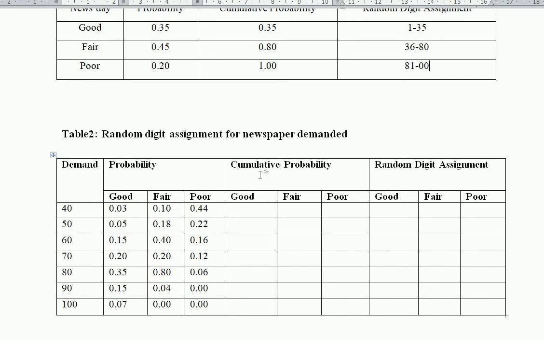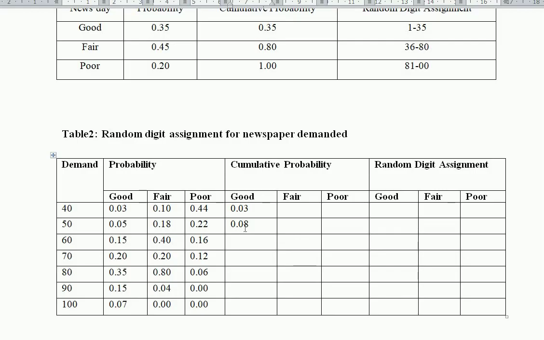So we have to find out the cumulative probability. How are we going to find the cumulative probability for the good news day? The first value is 0.03 itself. Now we add 0.03 to 0.05, so the cumulative probability is 0.08.